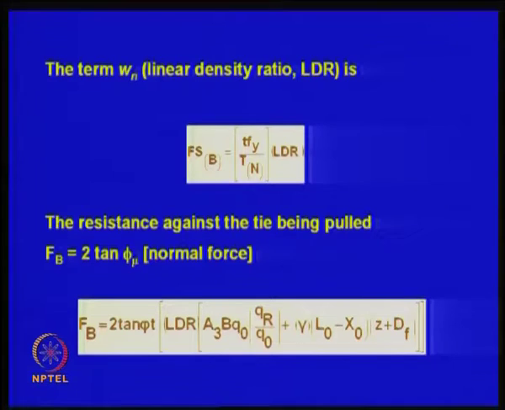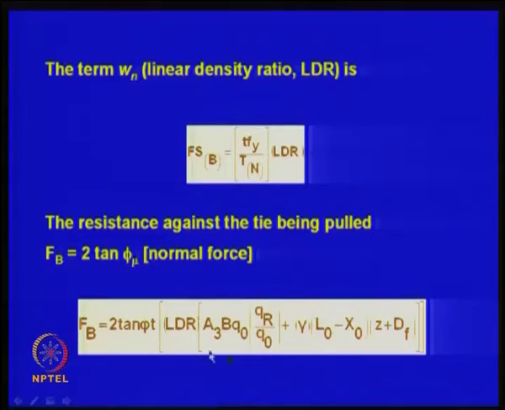Say for example, in 1 meter, 10 plus 10, 20 will be the area occupied. 20 plus 20 divided by 100 will give you the LDR, linear density ratio. Once you calculate that, you get T into LDR, or LDR into T, essentially the same thing. Its next step is that it should not get pulled out, it should not simply get pulled out, that is very important.